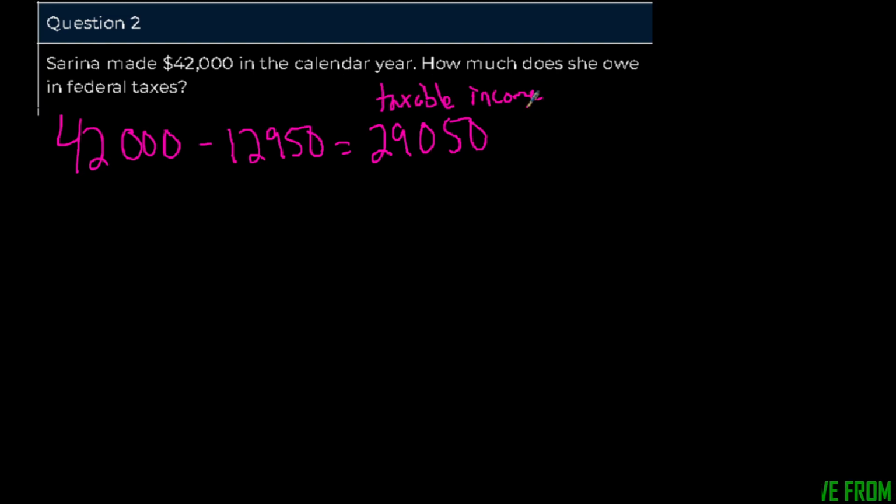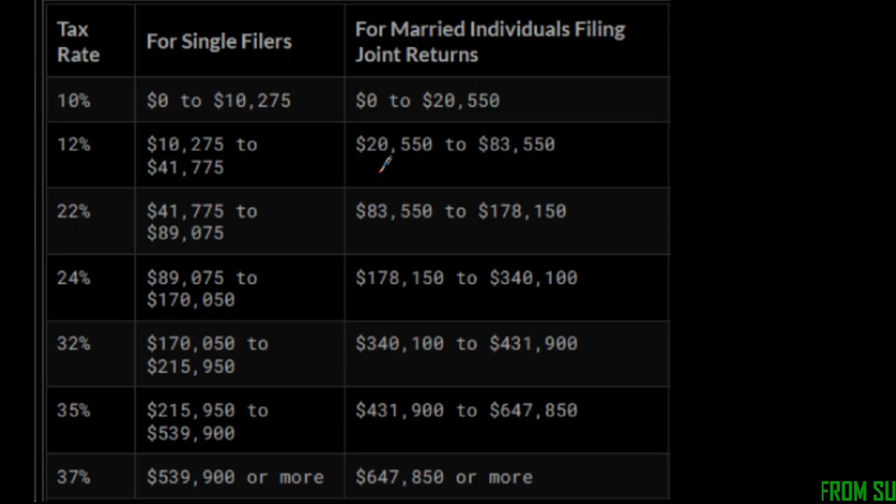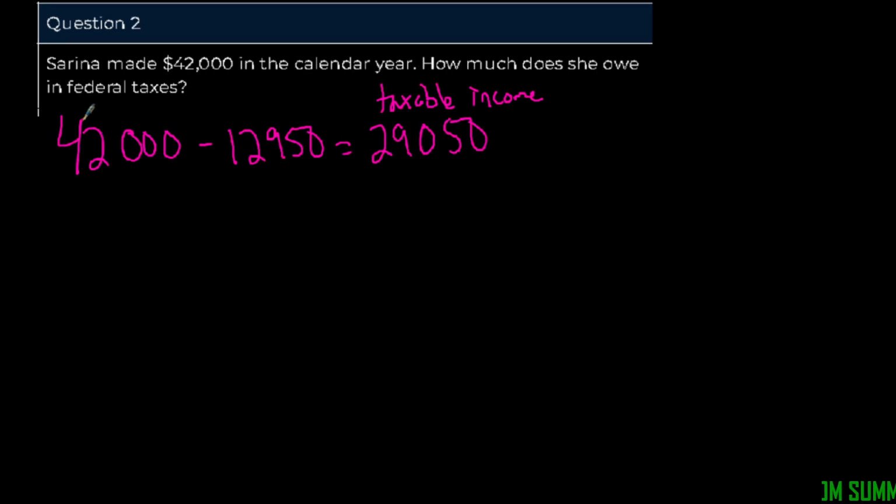And so now what we can do is say, okay, since that goes past this first bracket, because she makes more than 10,000, we're going to break it apart in between these two. And they kind of represent it really nice in the video too.